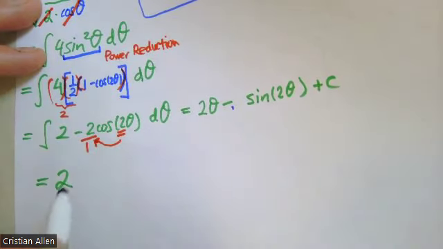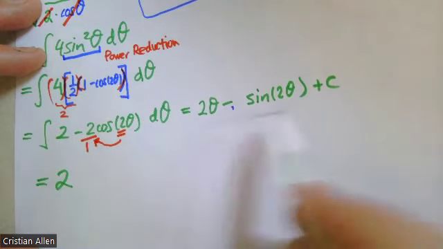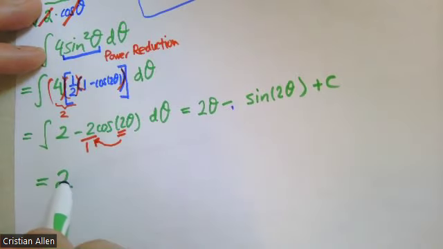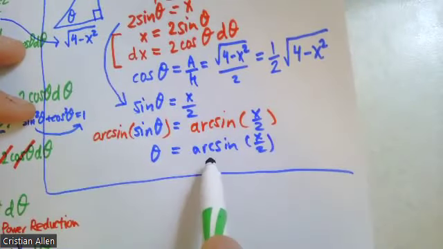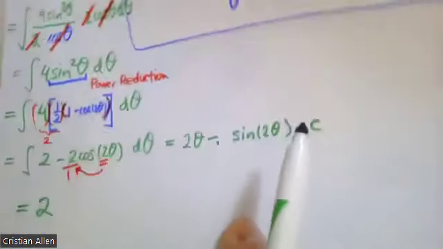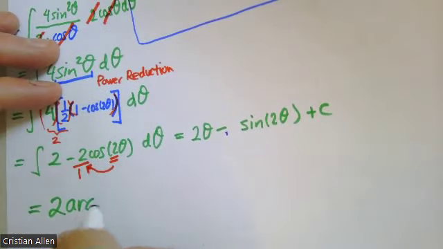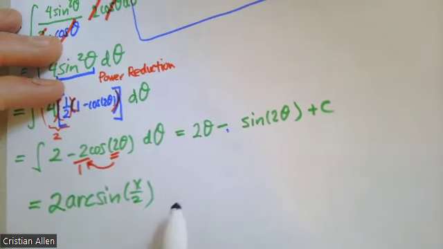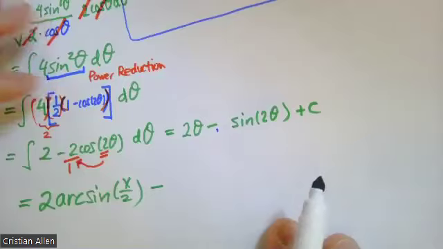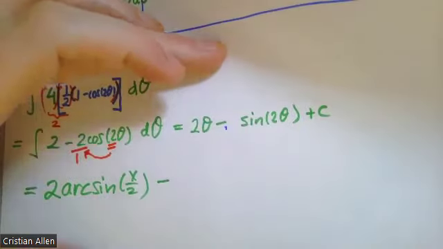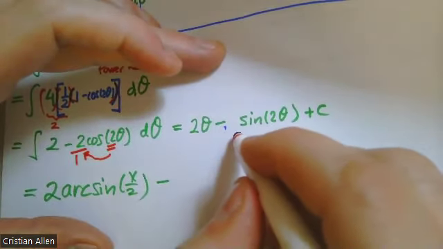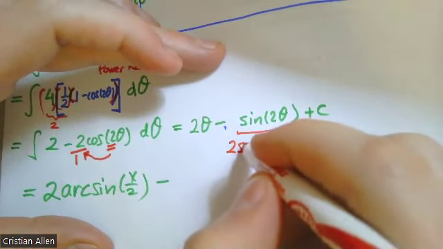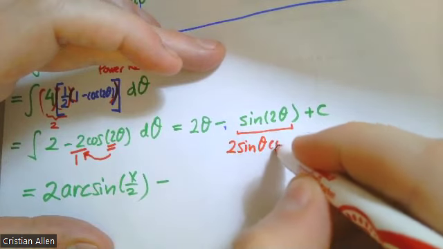All right, so here we have an answer, but it's in theta, and we need to convert it back to x. So 2 times theta we saw earlier was arc sine x over 2. So 2 arc sine x over 2. We're trying to get everything back in theta here. This is a double angle, so we need another trig identity, surprisingly.